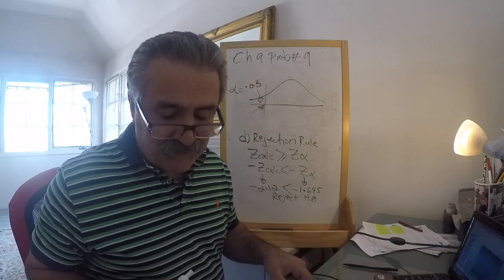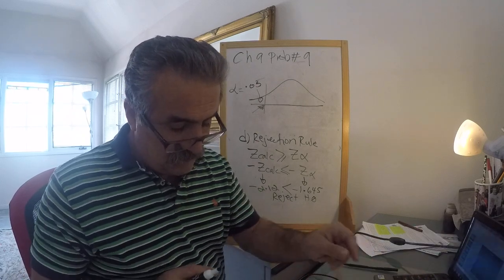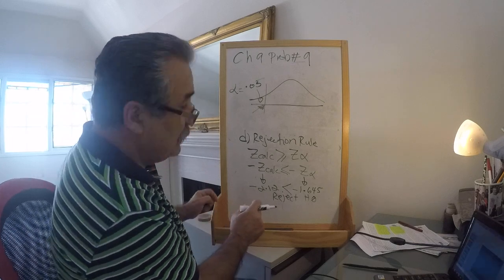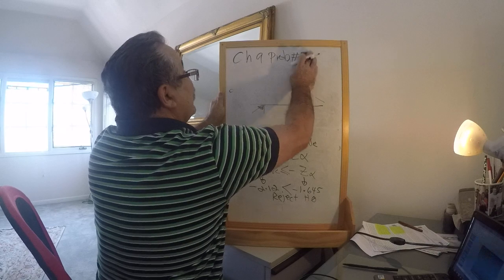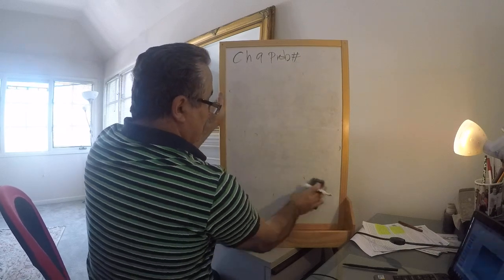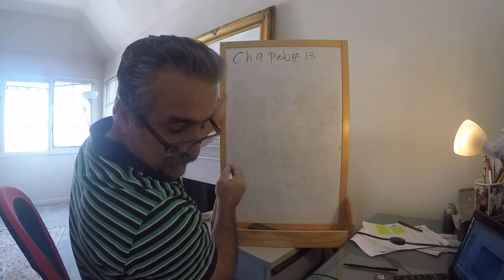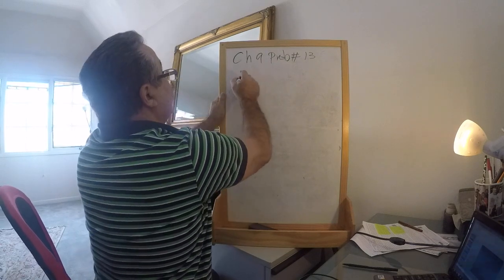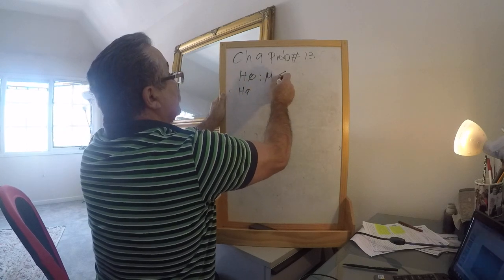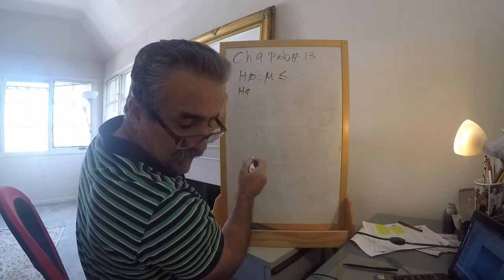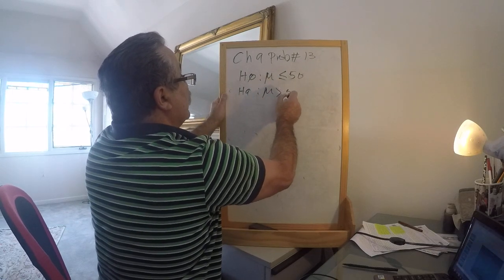Now, problem number 13. The hypotheses are H0: mu is less than or equal to 50, and HA: mu is greater than 50.